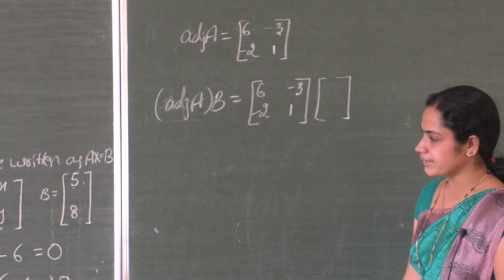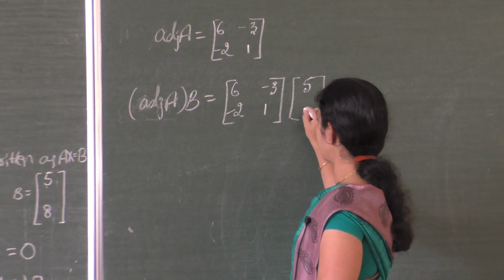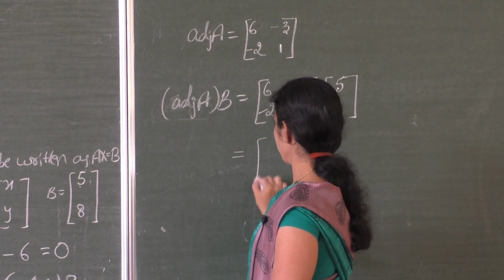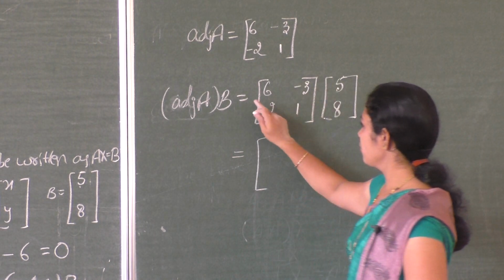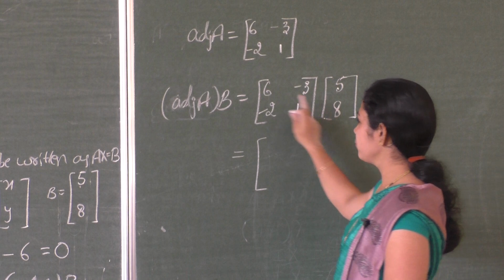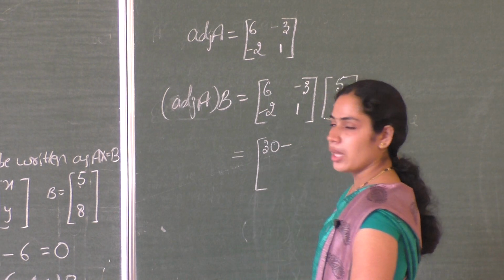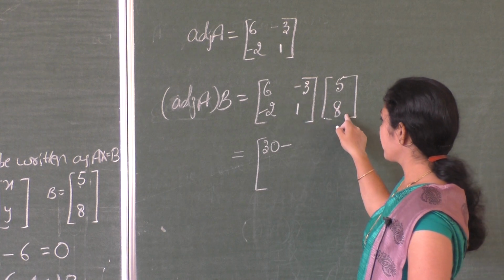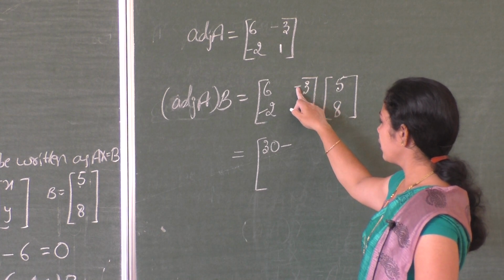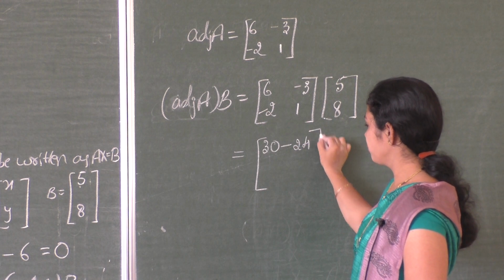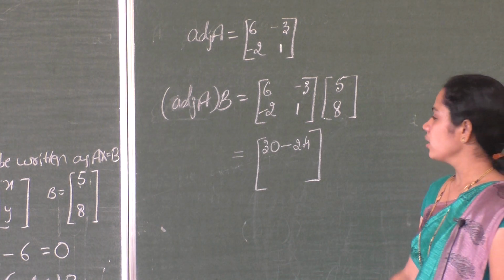Into B. What is B? 5, 8. Okay, this is equal to, multiply first row to first column: 6 into 5 is 30 minus 3 into 8 is 24.